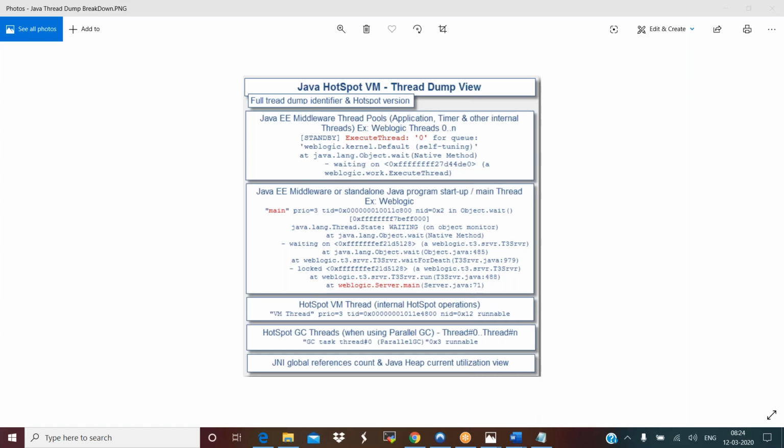And you also take the AWR report, ADDM, Automatic Database Diagnostic Monitor, and ASH report, which is Active Session History, from the database. To identify all the issues from the database, you take all these reports. And to monitor all the different metrics, you need to have a good APM in place, like Dynatrace, AppDynamics or CA APM. So you can take thread dump anytime.